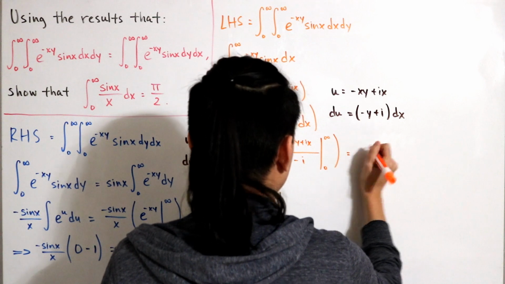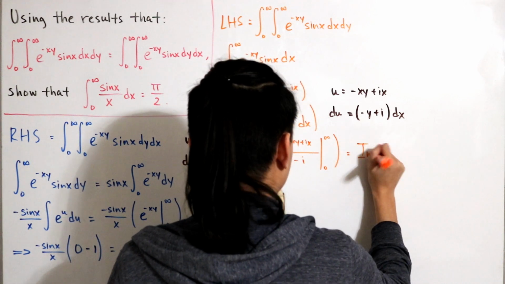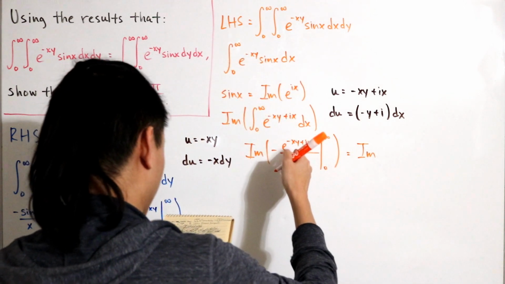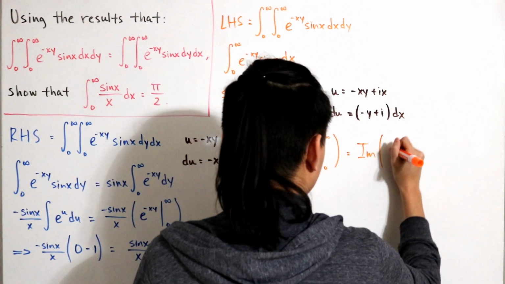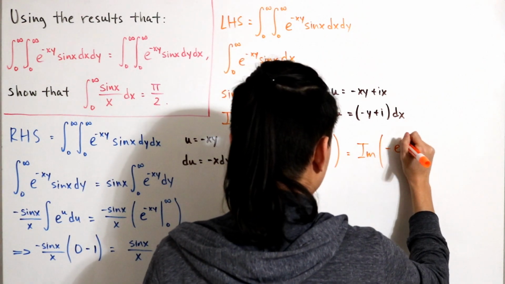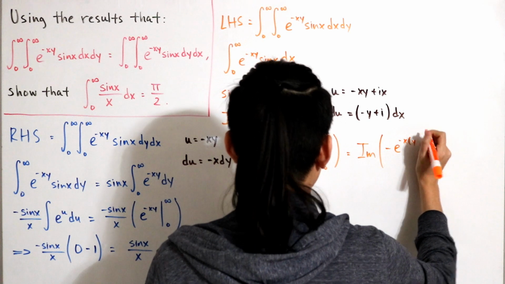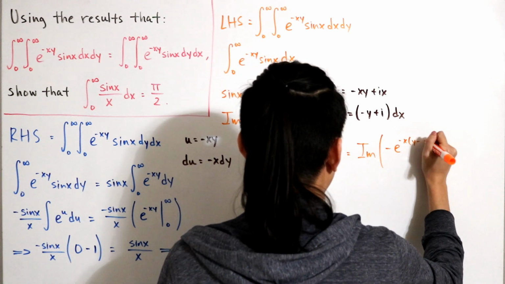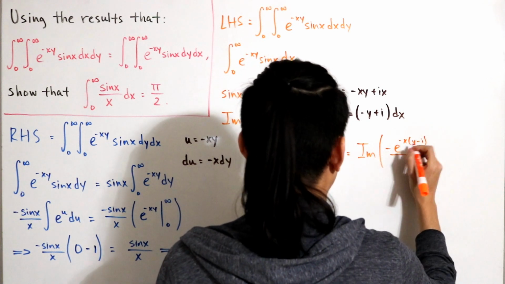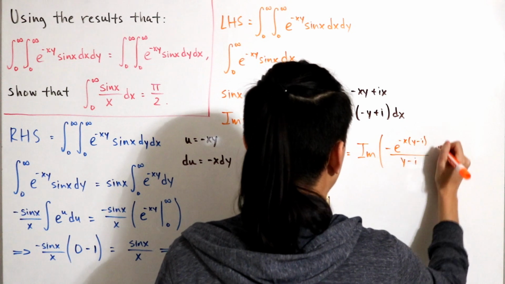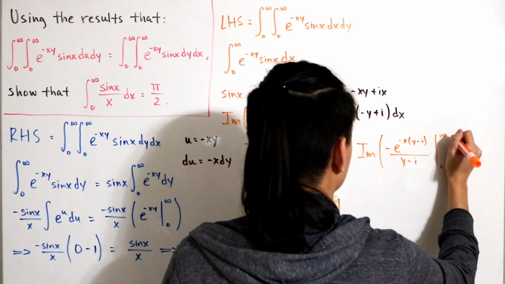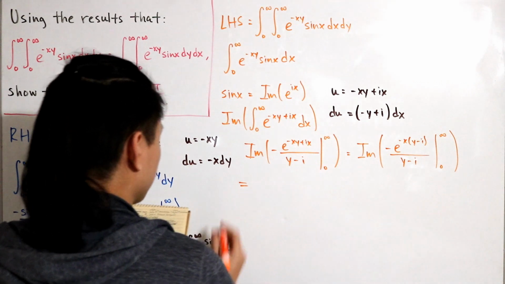Or if you want to, we can fix this up a little bit and factor out the negative x from here. So now negative e to the negative x multiplied with y minus i, divided by y minus i, from 0 to infinity. We just keep going.